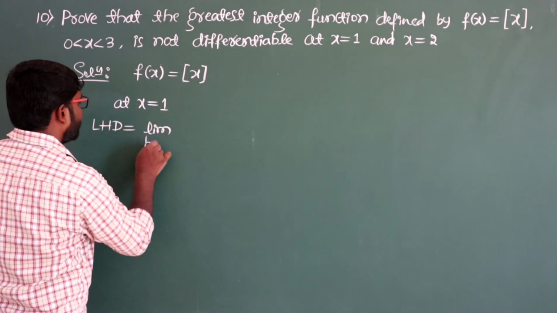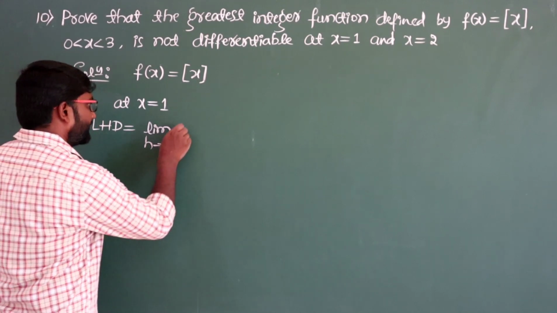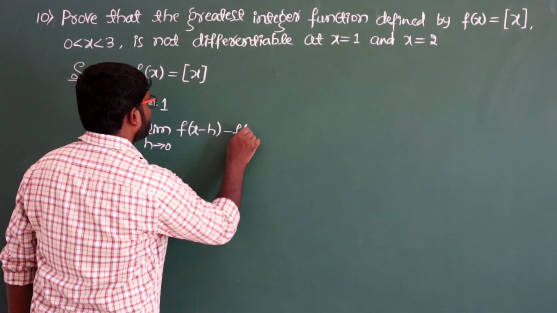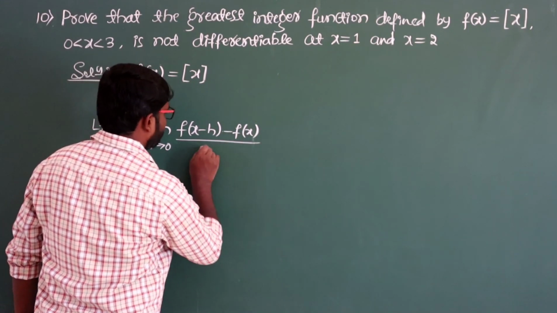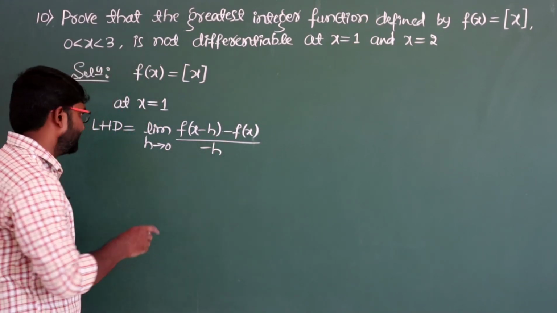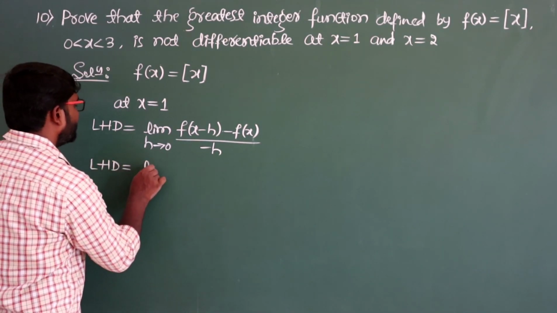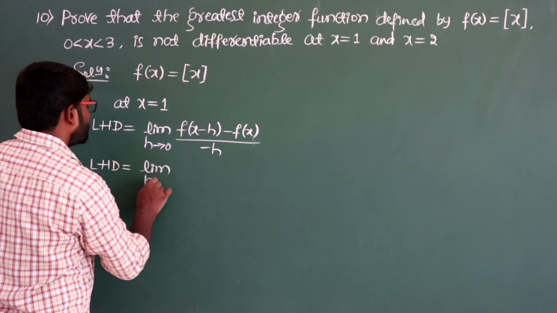Limit h tends to 0, f of x minus h minus f of x, divided by minus h. Then the left hand derivative is equal to limit h tends to 0.